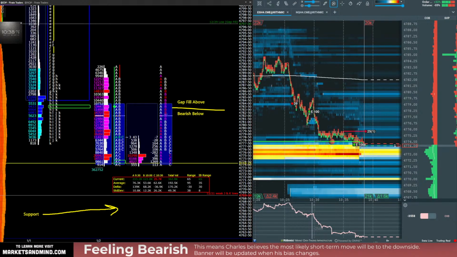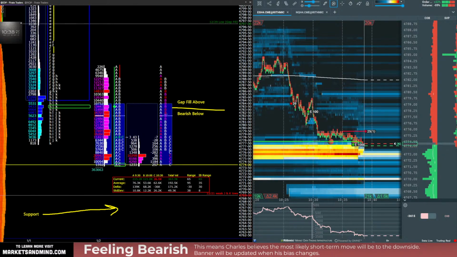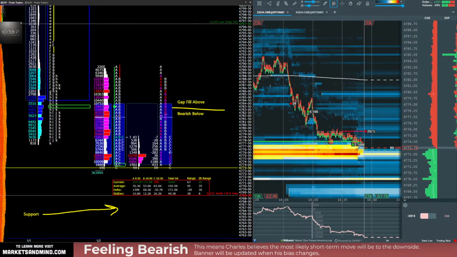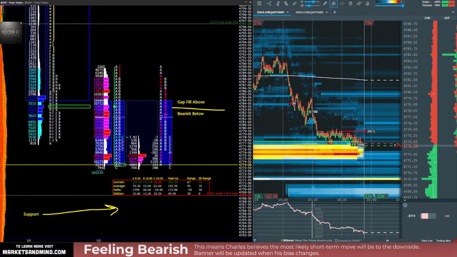The low remains poor. There it goes. Gone. Liquidity just poof. Just kidding.